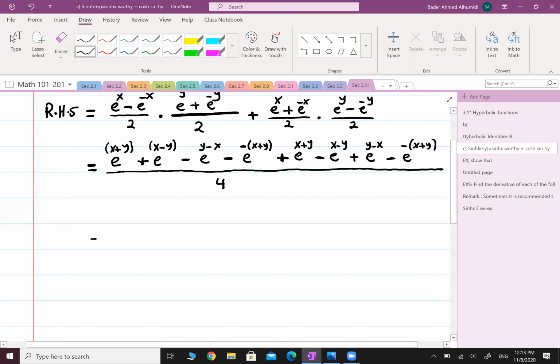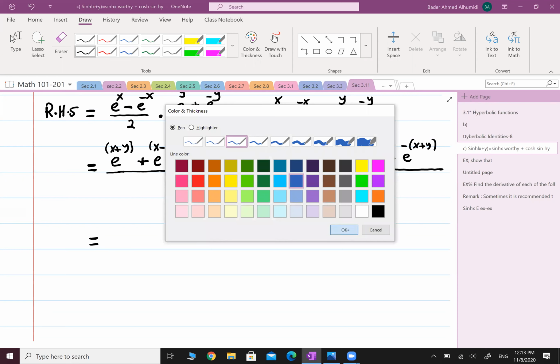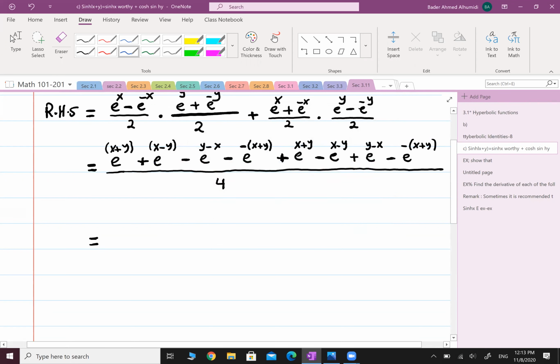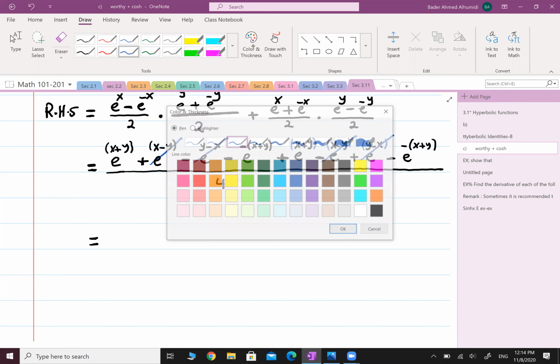So guys, this is equal to, notice now some terms will be cancelled out. Which terms will be cancelled out? I have e to the power x minus y. Notice, this will cancel with e to the power x minus y with the, let us put brackets like this, and then we cancel. So this is cancelled with this. I have e to the power y minus x with a negative sign. I have e to the power y minus x with a positive sign. What else we have? We have e to the power x plus y plus e to the power x plus y. That's equal to what?